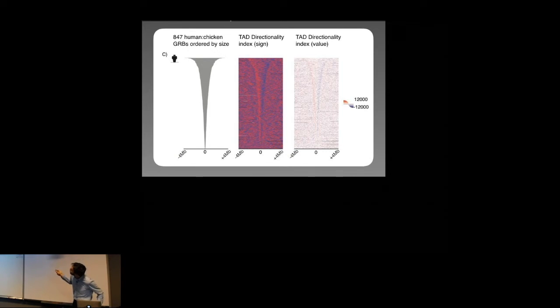So essentially, what's red has surplus of interactions to the right, and what's blue has surplus of interactions to the left. And you can see that basically the boundaries of topologically associating domains correspond almost perfectly to the boundaries of these high non-coding conserved clusters. And this is 8 megabase windows we're looking at in human.